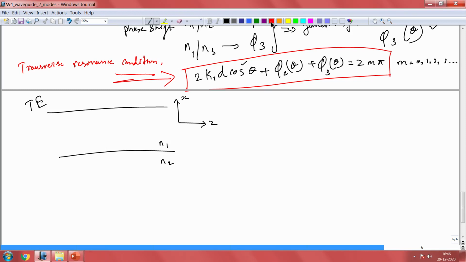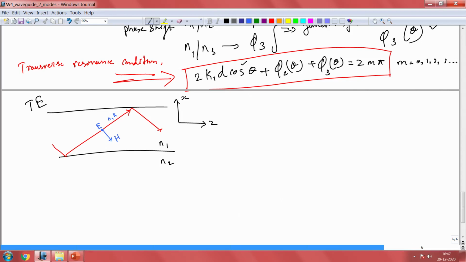Now the light is going to propagate through this medium, as we already saw earlier. Now we need to mark the electric field. As you all know, since this is TE, your electric field is going to be parallel to the y axis, and your H is here, and N1 k is in this direction.